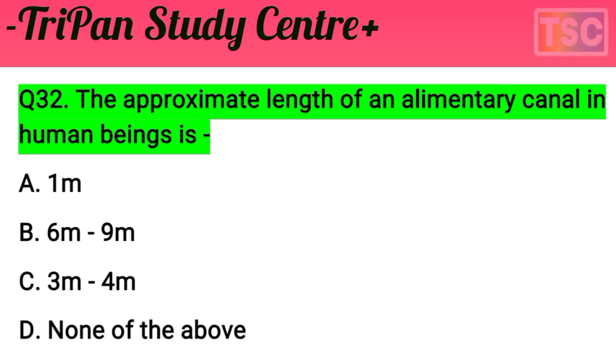The approximate length of the alimentary canal in a human being is: A. 1 meter, B. 6 to 9 meters, C. 3 to 4 meters, and D. None of the above.